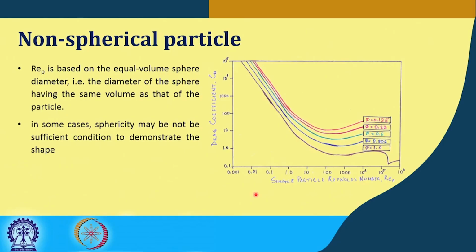And in some cases we have seen the sphericity may not be a sufficient condition to identify the shape of a non-spherical particle. Why? Because the sphericity value, let's say the 0.8 that we have seen for a cube, can be of an irregular shaped particle.